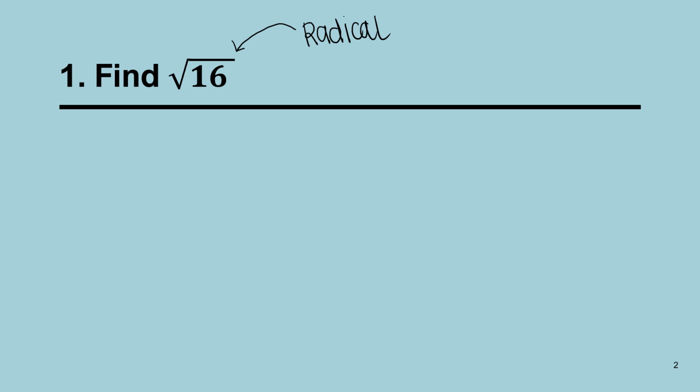The expression that's under the radical is called the radicand. And this little check mark right here is the index. You can see that there's no index indicated here.